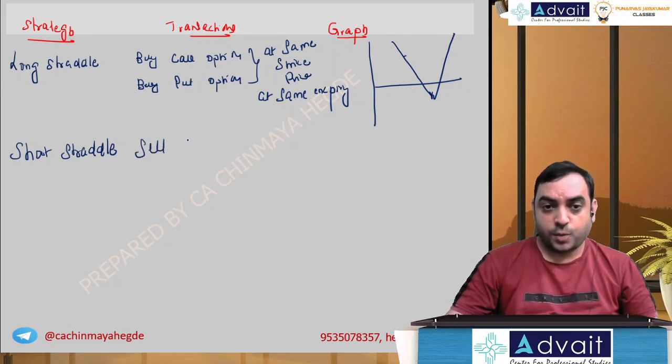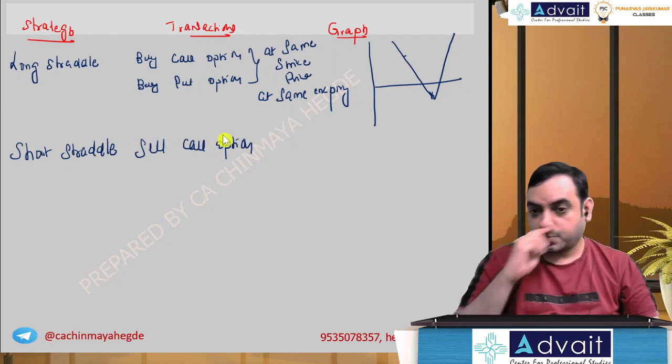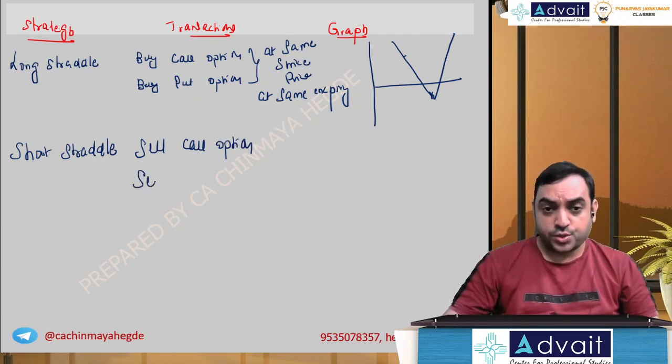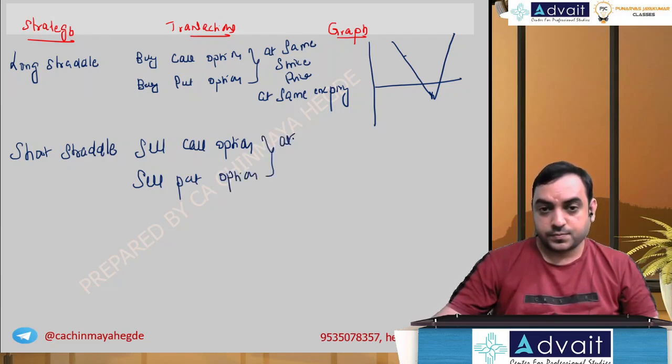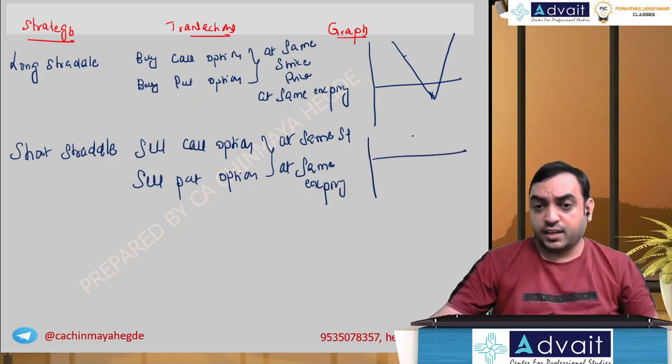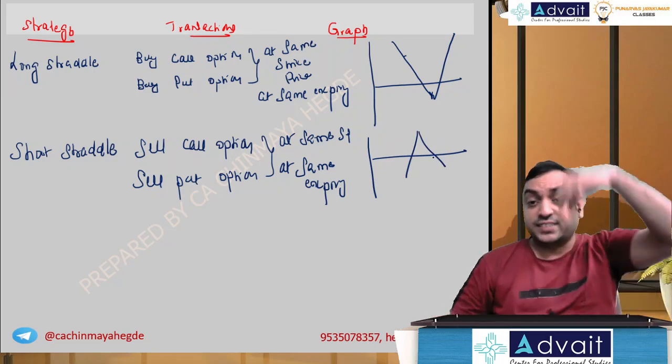You sell a call option and you sell a put option at the same strike price, I'll say SP, hope you understand, and at the same expiry. This is called a short straddle, where the graph will be exactly reversed, inverted.